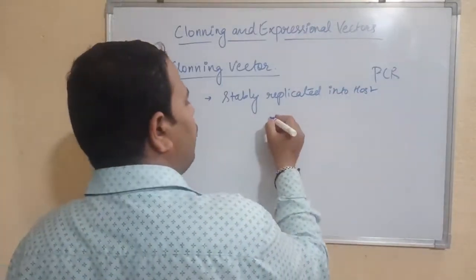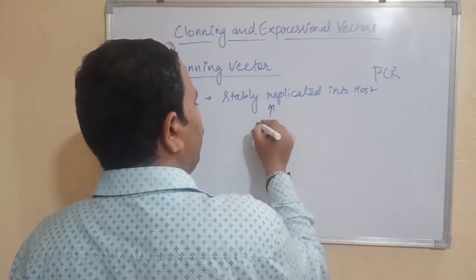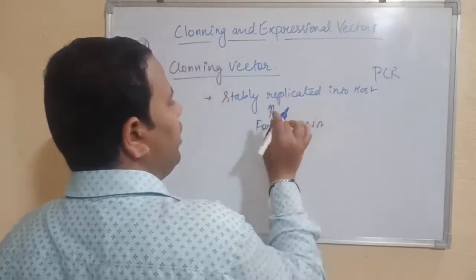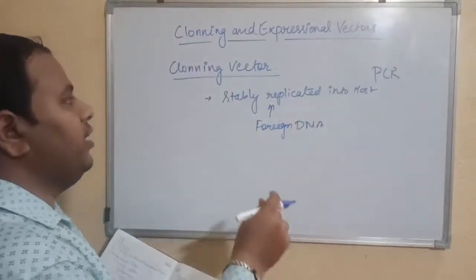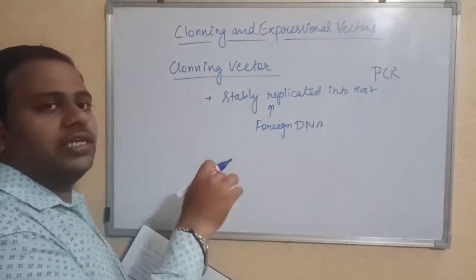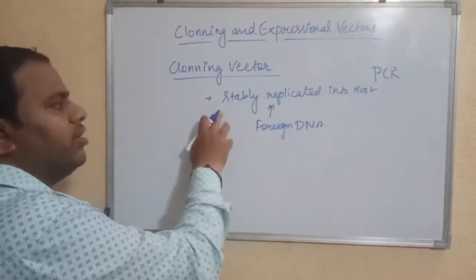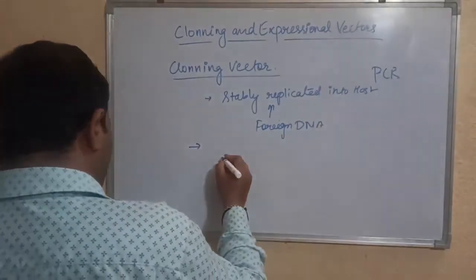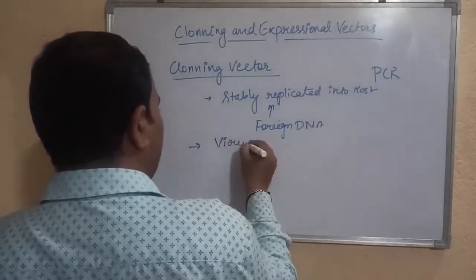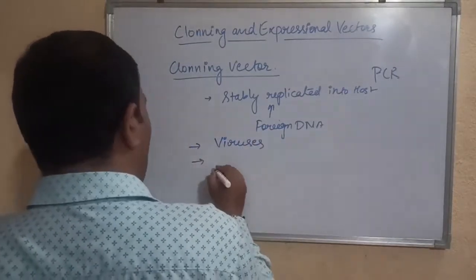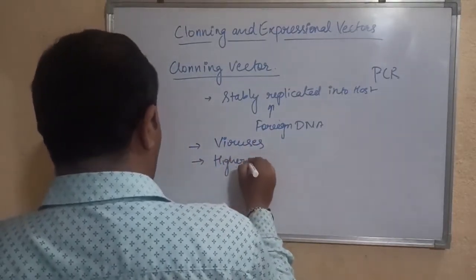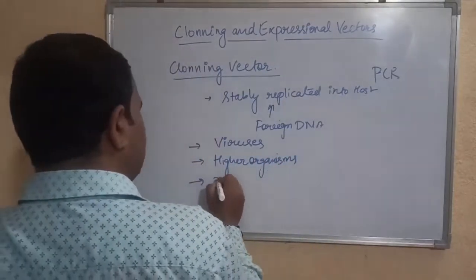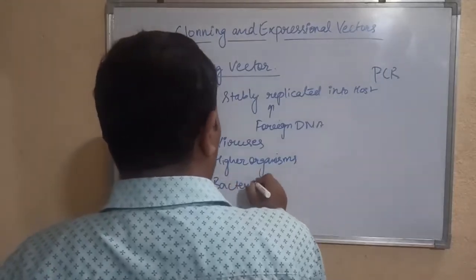Since it can stably replicate into the host, we can use this vector and put our fragment of interest, the foreign DNA, into it, and this foreign DNA will keep on replicating in this vector when this vector is put into a host. This has all the stable machinery required for replication. The cloning vector that we can use here is from viruses, it can be from higher organisms, and it can be from bacteria also, that is plasmid.